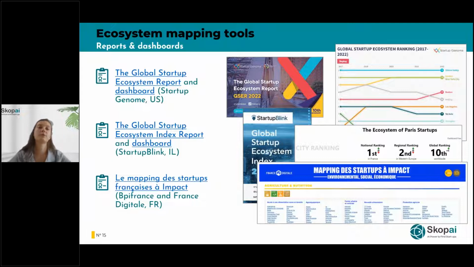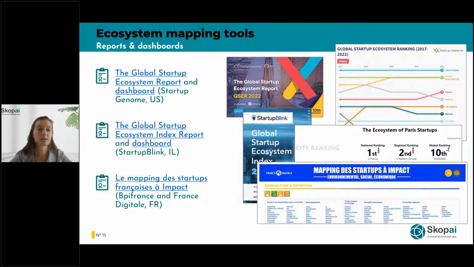The first group, these are the ready-to-use reports on a particular ecosystem. Some organizations regularly produce reports and dashboards that describe different ecosystems of different cities. For example, here you can see the two examples. The first one is the Global Startup Ecosystem Report and Dashboard.